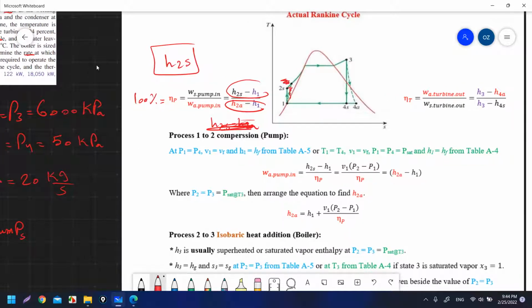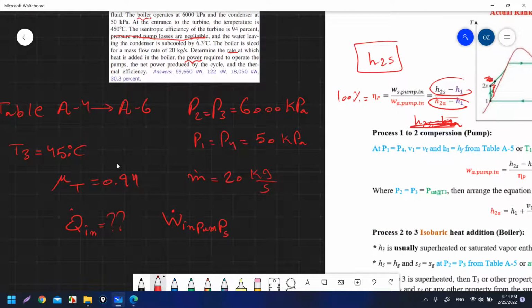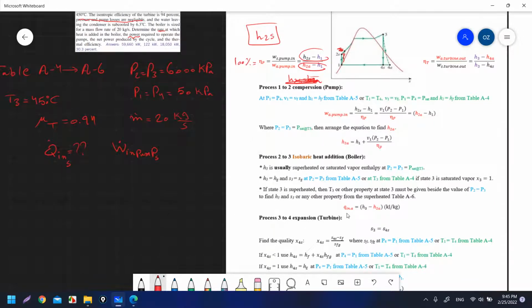So that is a point that you must care about. If isentropic efficiency is mentioned, that doesn't mean that all the devices in the whole cycle are actual. Here he only mentioned it for the turbine, 0.94. And this one will be Q dot in s, the ideal rate of heat added to the cycle, because we don't have h2a, it's only h2s.